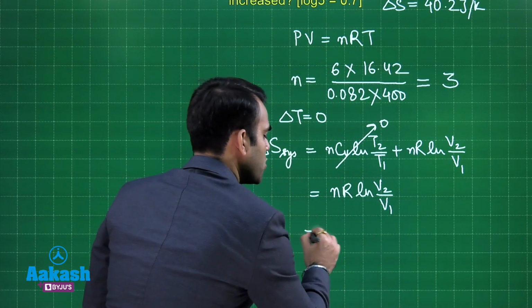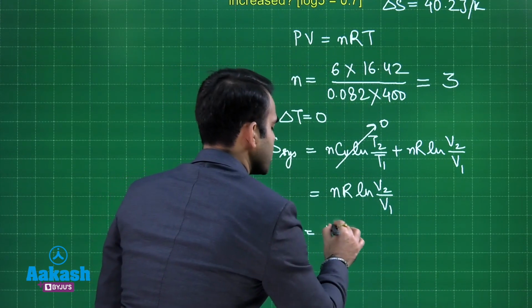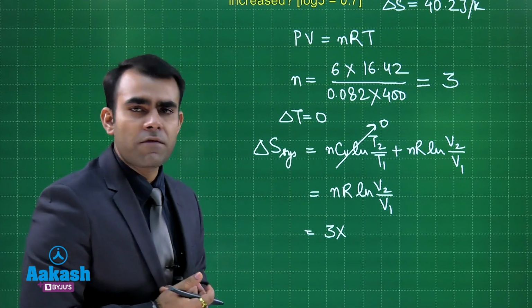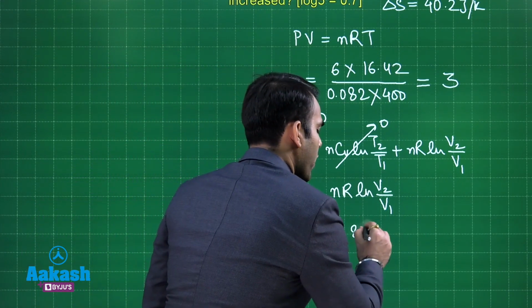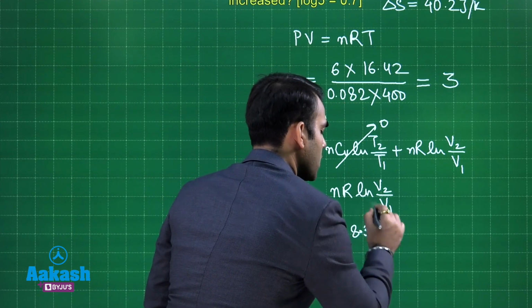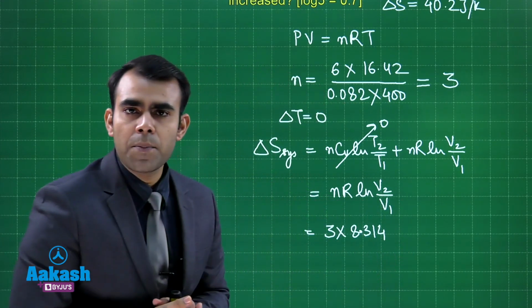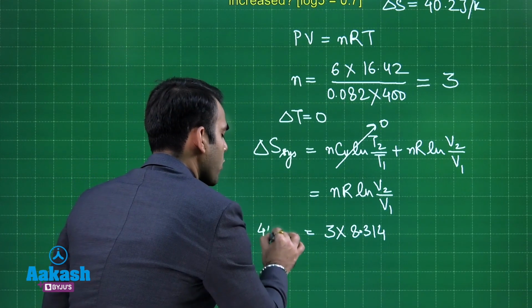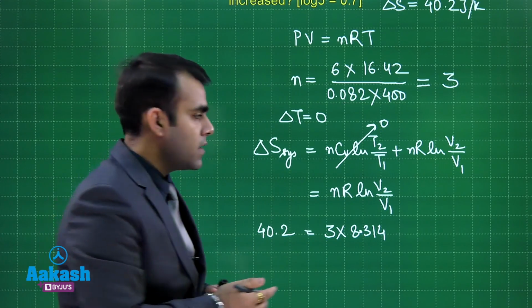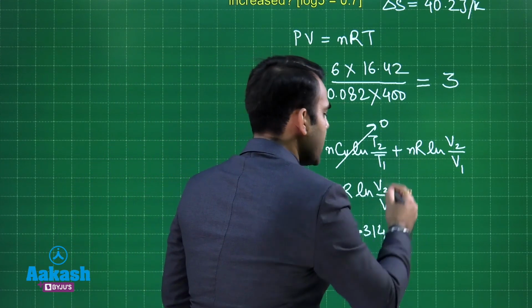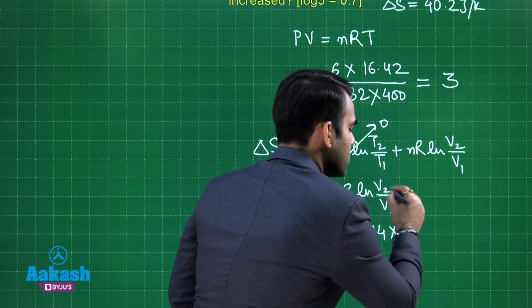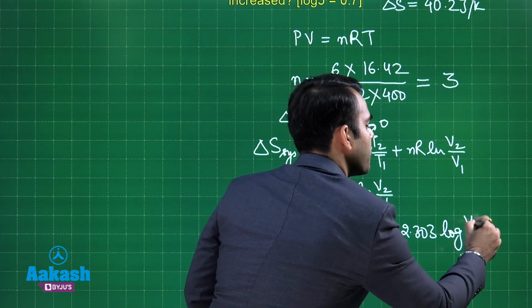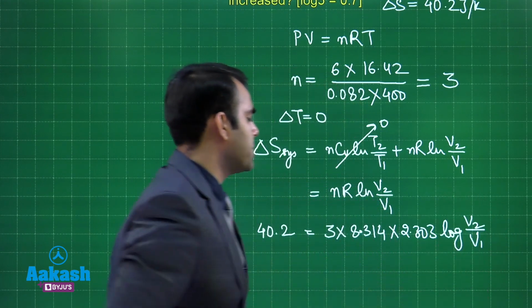Now if I substitute the values here, the number of moles is 3. If I put the SI unit of R, then it is 8.314 joule per Kelvin per mole. The delta S system has been given to us, and that is 40.2 joule per Kelvin. If we change ln into log 10, it becomes 2.303 log V2 by V1.